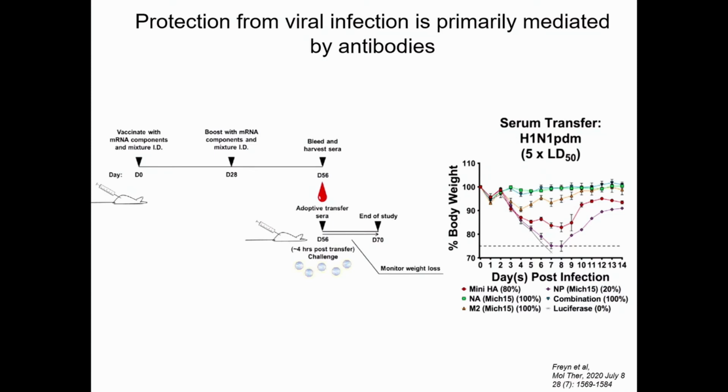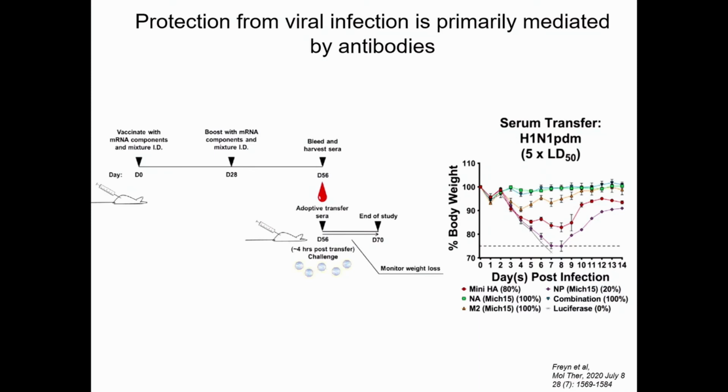And it turned out, not surprisingly, that the protection from viral infection was primarily mediated by antibodies. Animals that received the serum with HA-specific, M2-specific, or NA-specific antibodies, or serum obtained from animals that received the combination vaccine, survived this challenge with little or no weight loss.